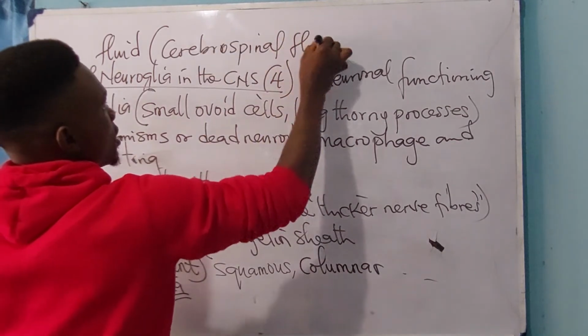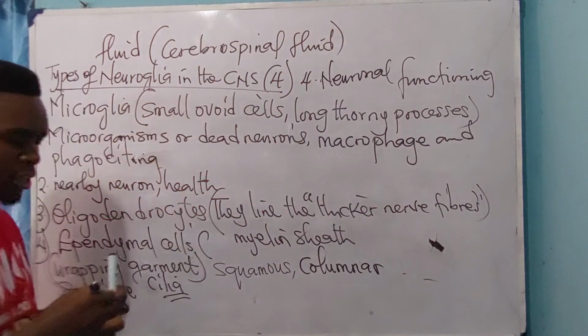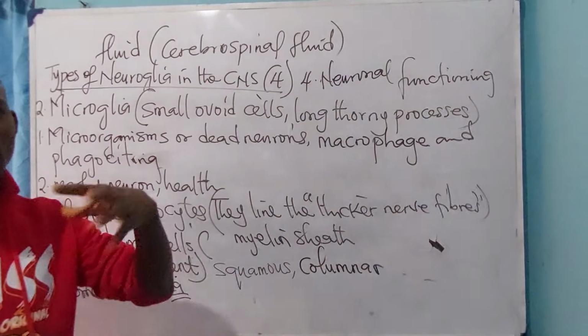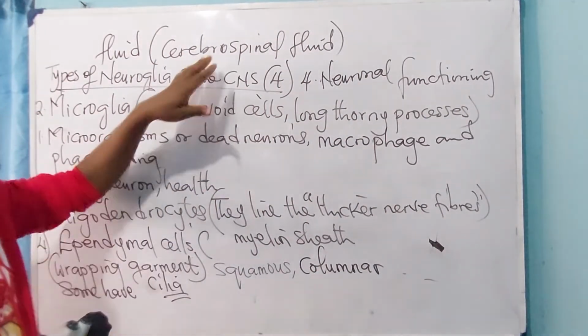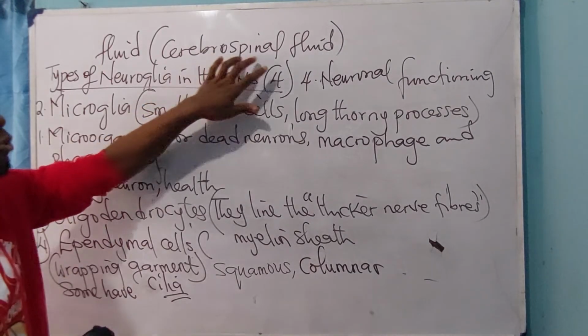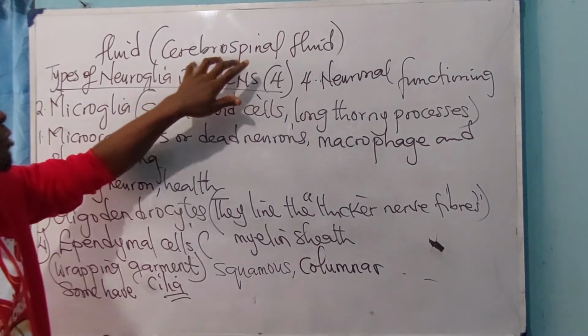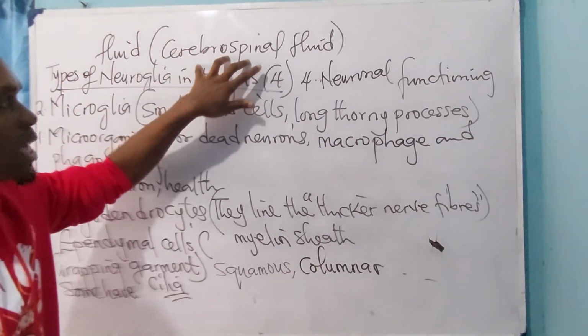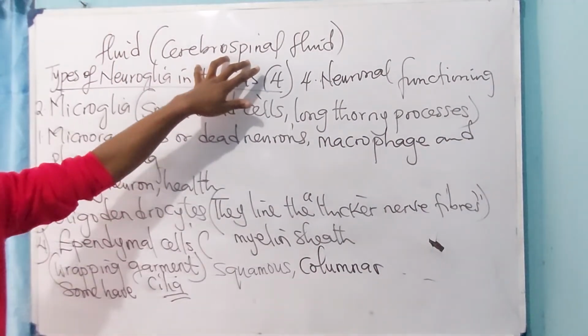Now, of course, you know that the brain in the skull is not static. The brain is found floating on a fluid. That fluid is called what? The cerebrospinal fluid. And this fluid is found occupying the space that is between the arachnoid mater and the pia mater.